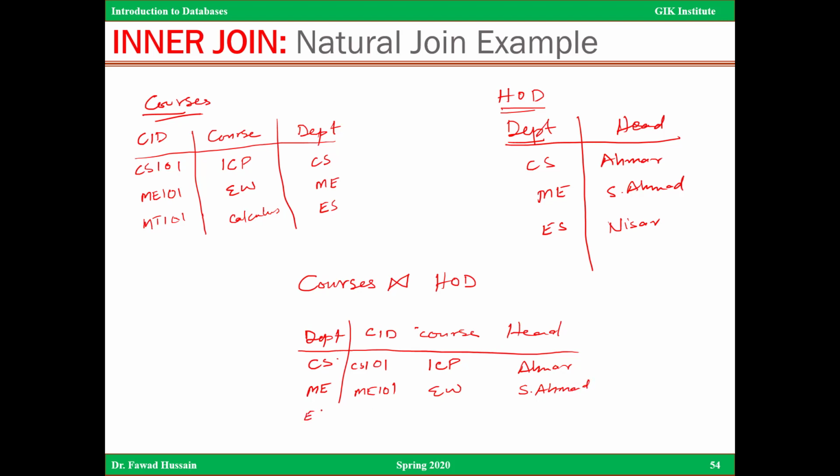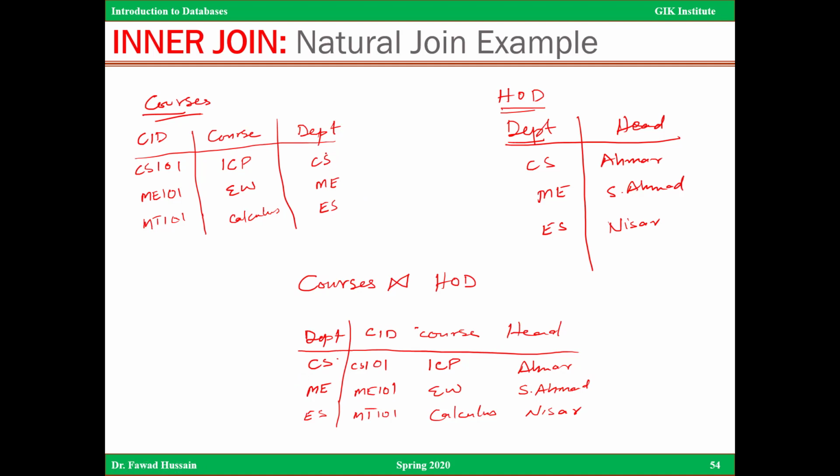And then we have ES, and this is MT 101, Calculus, and we have Dr. Nissan. So you see that we have all the resulting values, but there was no filter applied over here, and also the department on which the join is made is automatically listed first.